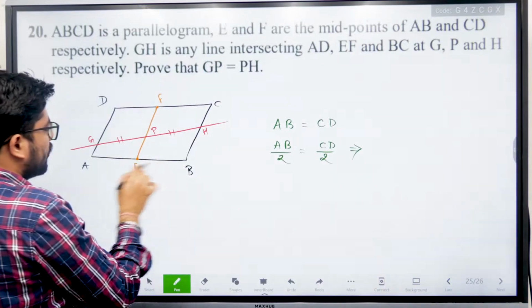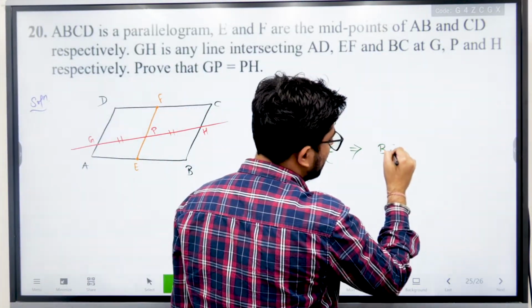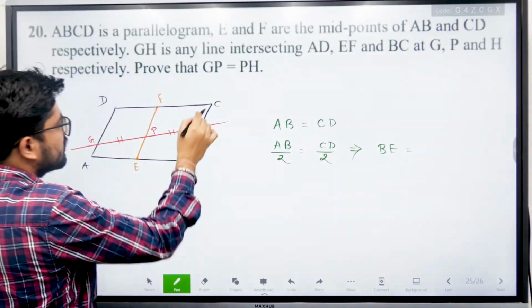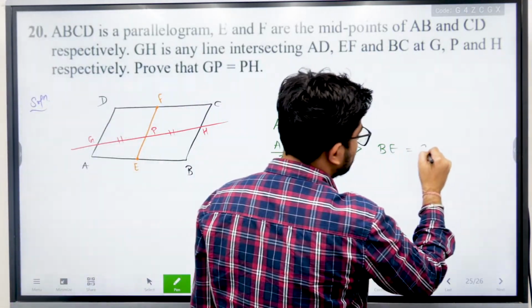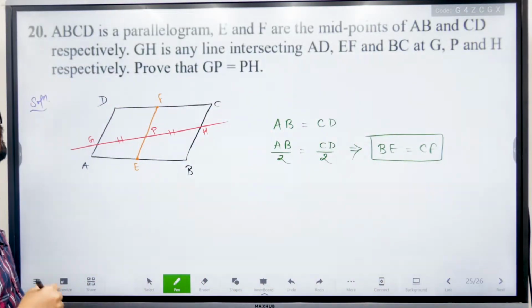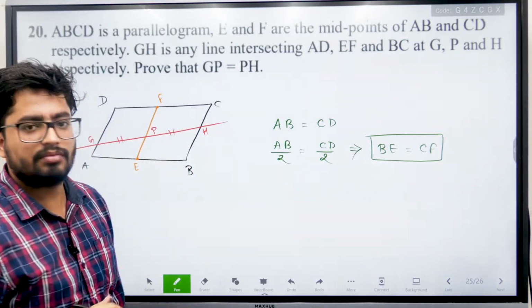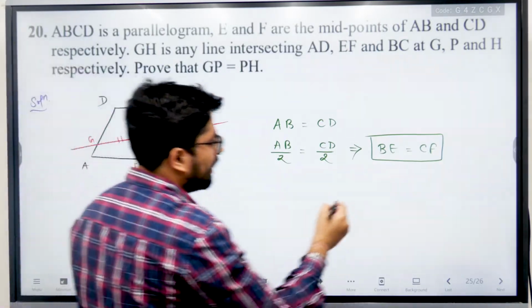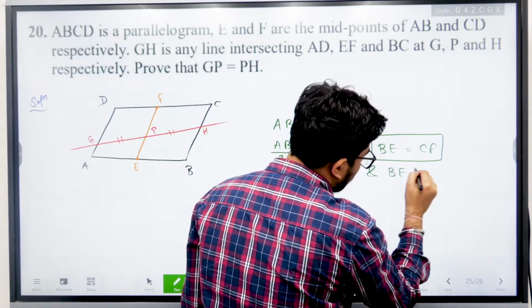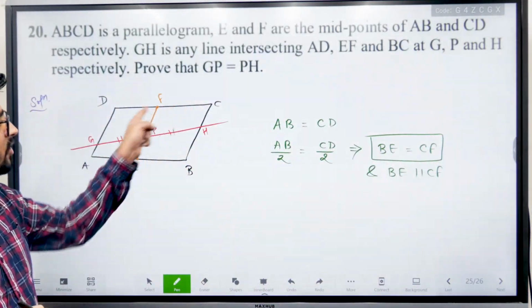That is BE equal to CF. BE is parallel to CF also, because AB is parallel to CD.